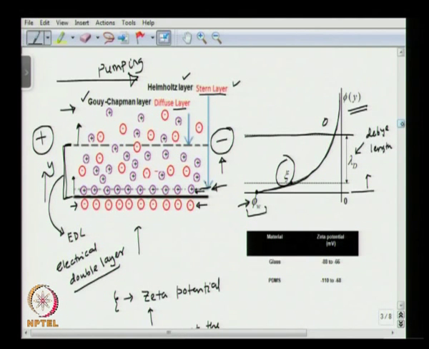So this is a very important parameter in the definition of electrical double layer, okay, which is called Debye length.